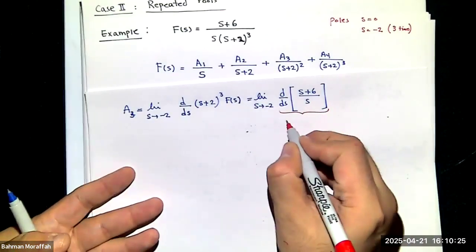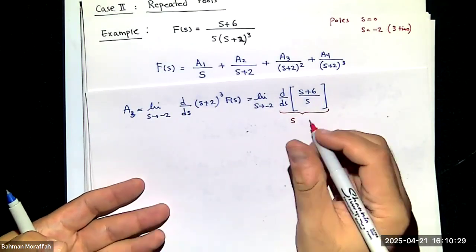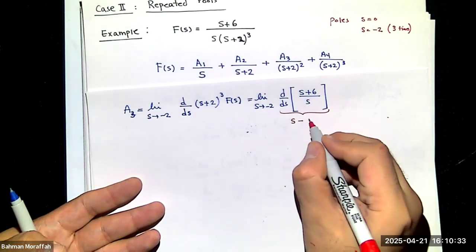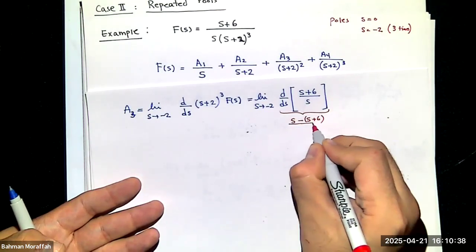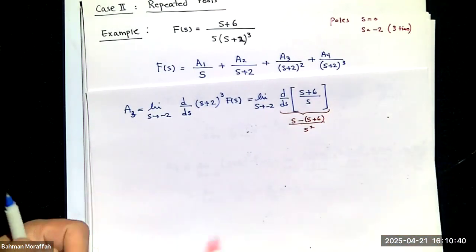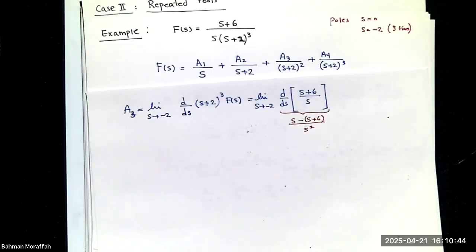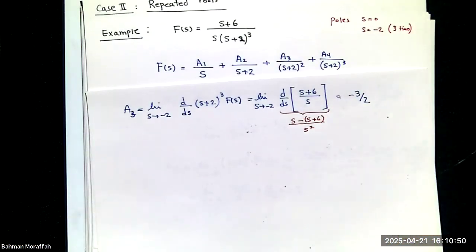So that is 1 times s minus s plus 6 times 1, divided by s squared. I have to evaluate that at -2. And if I do that, it is -3 over 2. Right?